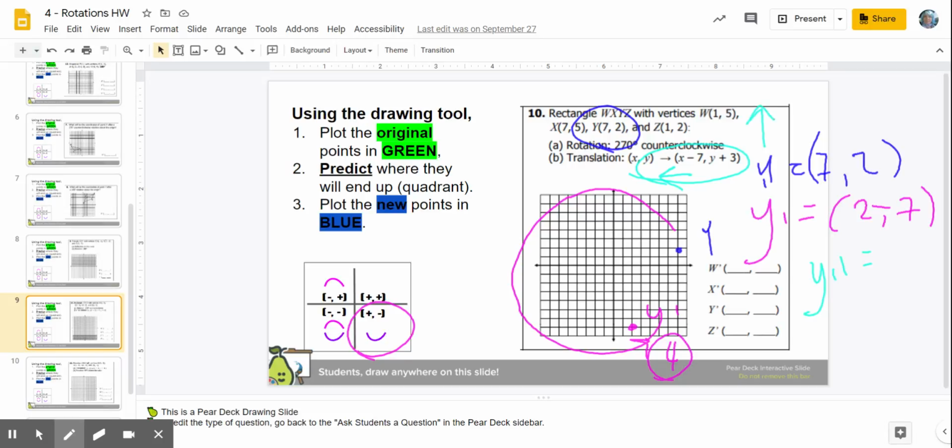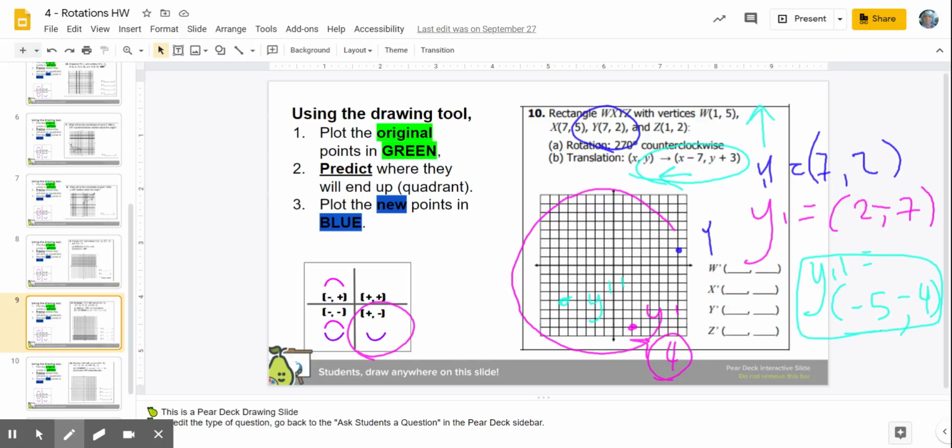So it's like I'm going to pick up that pink dot and I'm going to move it left 7, and then up 3. 1, 2, 3, 4, 5, 6, 7. 1, 2, 3. And Y double prime is here. And that ordered pair is going to be 2 - 7, which is going to be -5. And -7 + 3, which is going to be -4.